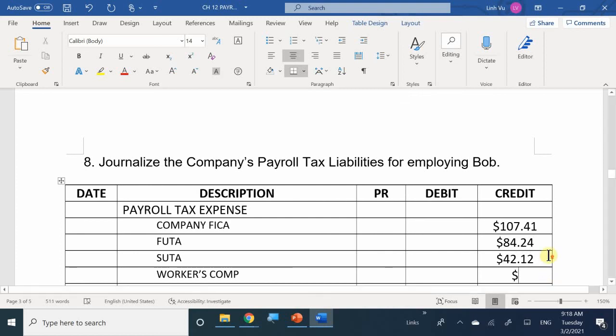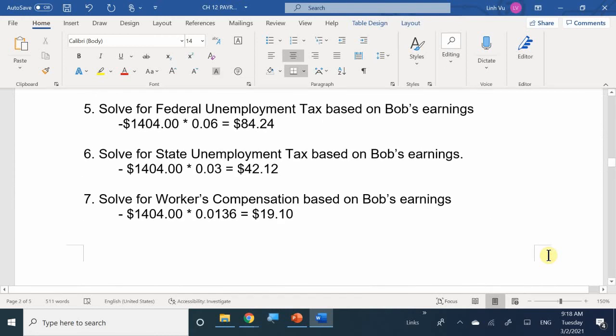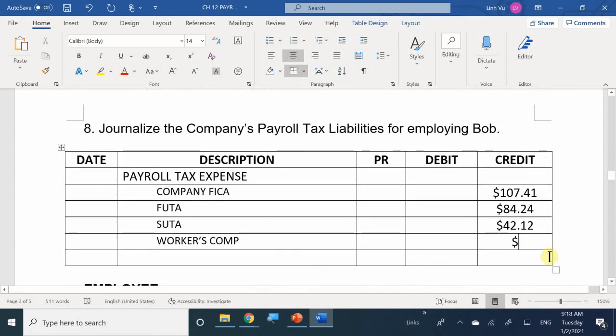And how much was my workers' compensation? 19.10. So let's tally all this up to get our total payroll tax expense. I have to pay 252.87. Oh, okay. I was like, 2,000.